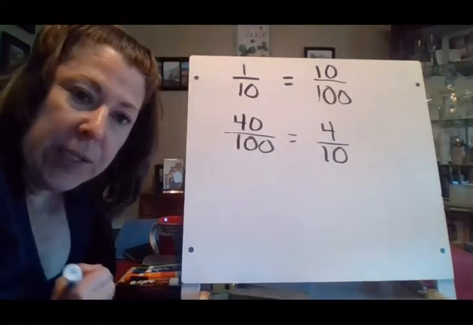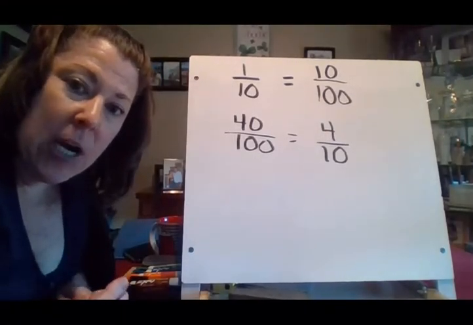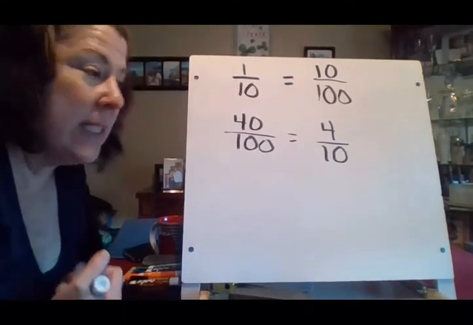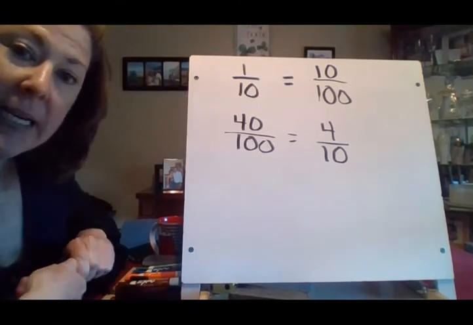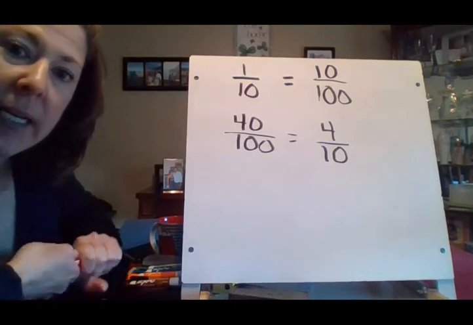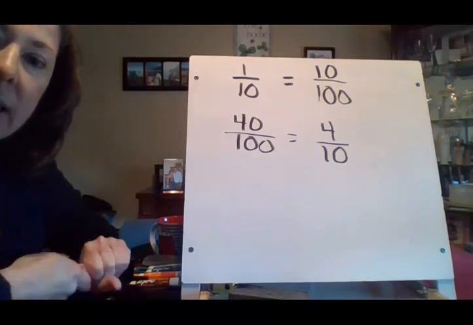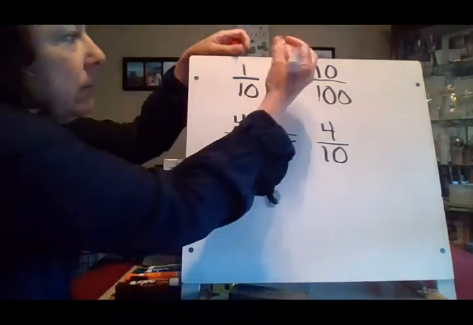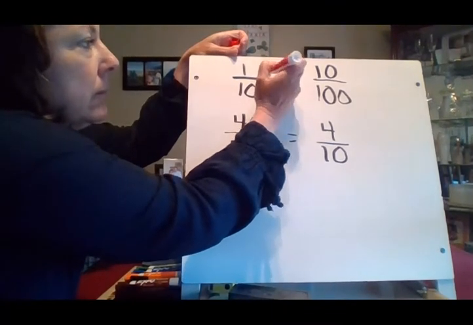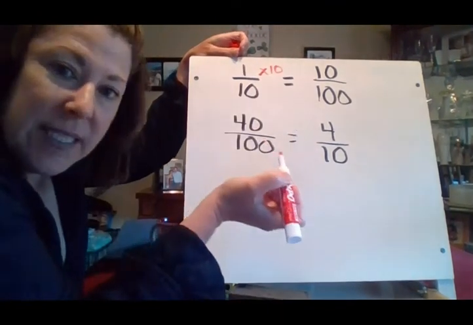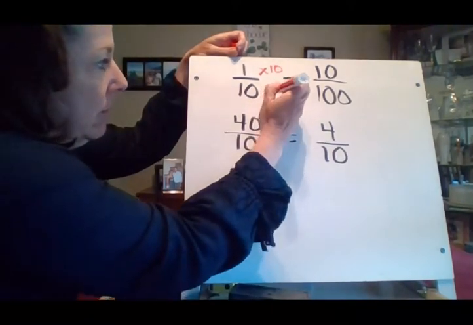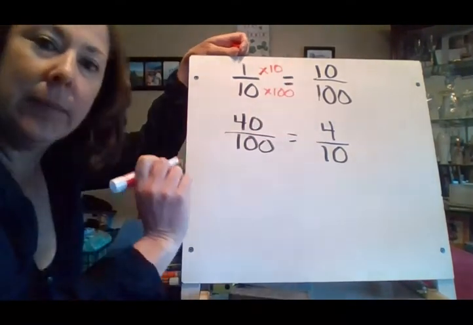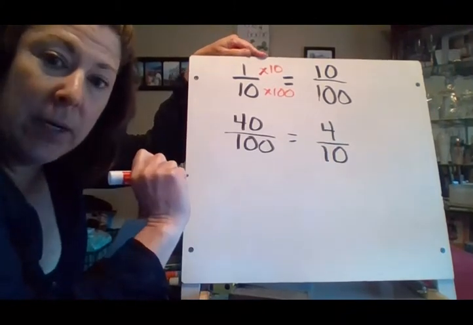So we just showed in those tape diagrams how 1/10 was equal to 10 hundredths. And basically what was done is that 1/10 was just decomposed into smaller pieces. We've done this before.